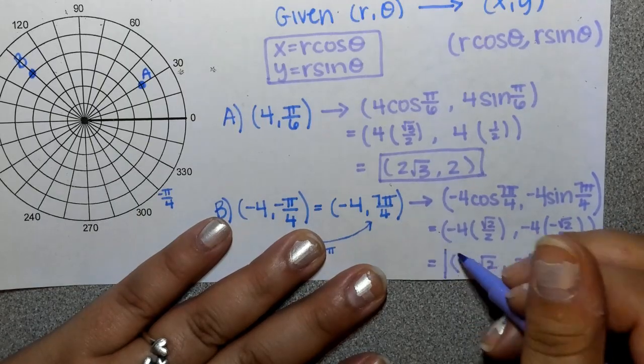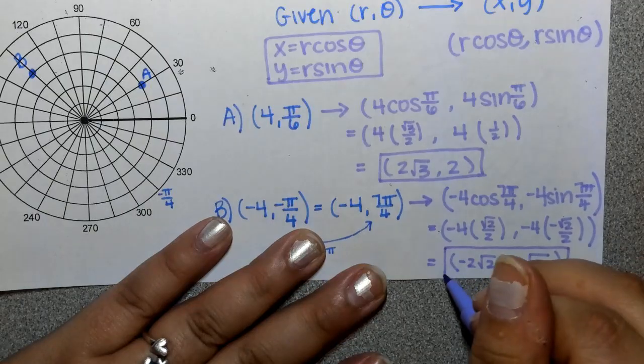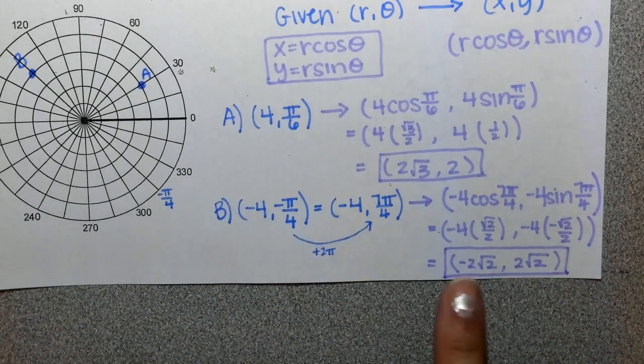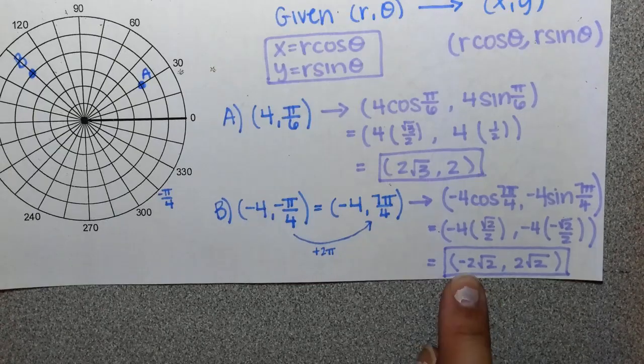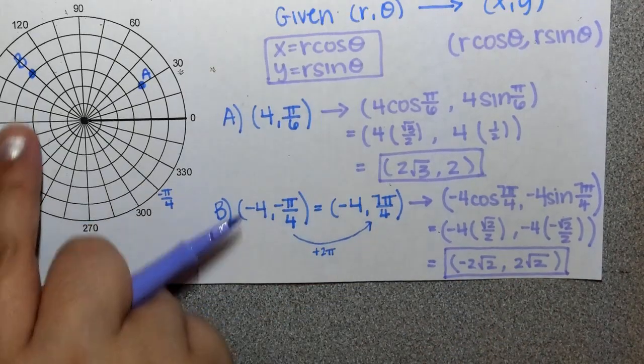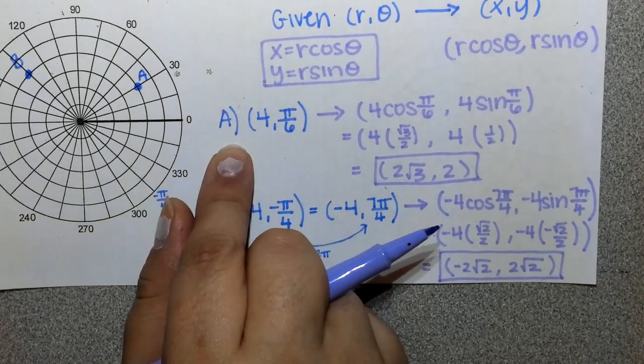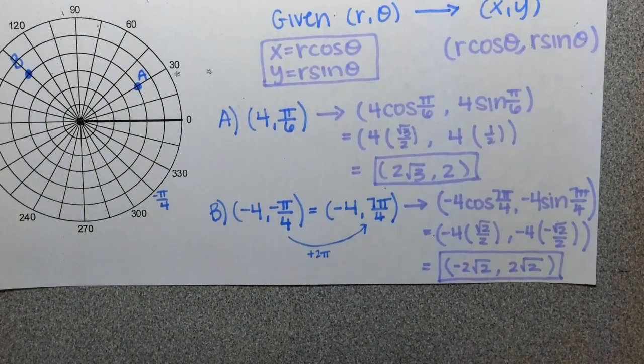Did y'all get negative root 2, comma 2 root 2? And now this is my x, y. What quadrant should our point be in? A negative, positive? And is our point in the second quadrant if we were to graph it? Okay. Does that make sense? A little weird, right? Can I answer any questions?